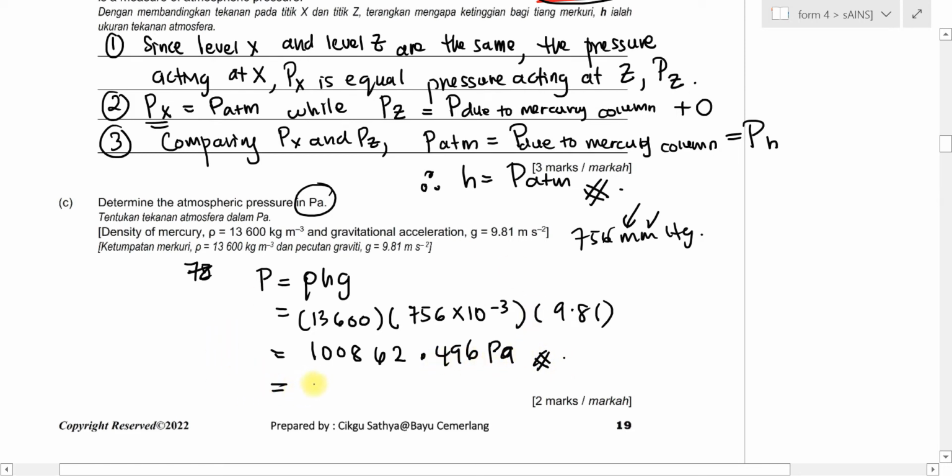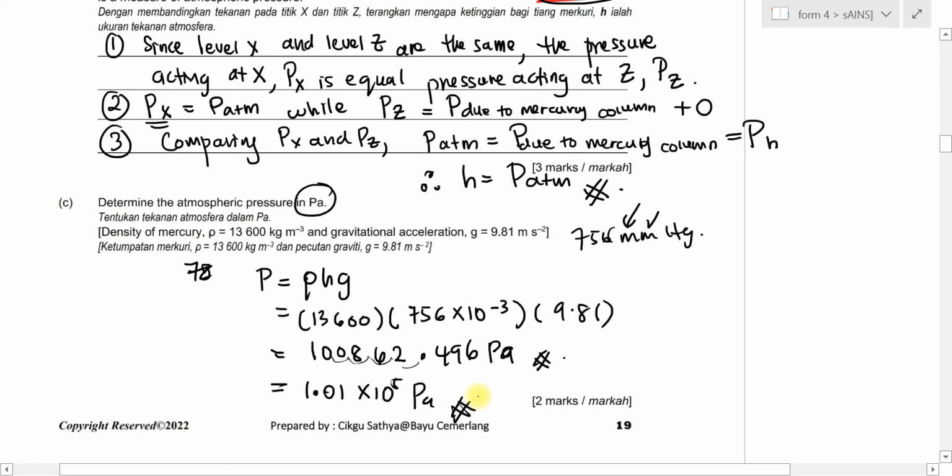If you feel so, then use standard form: 1.01 times 10 to the power of 5 Pascal. Also can, no problem with that.